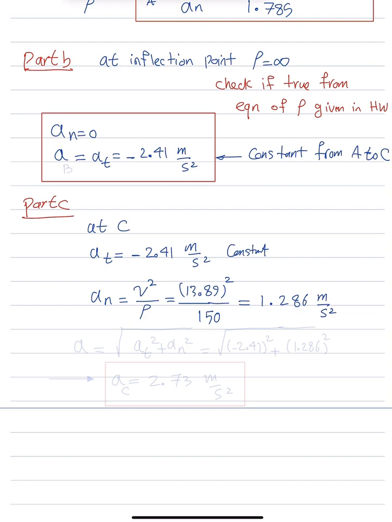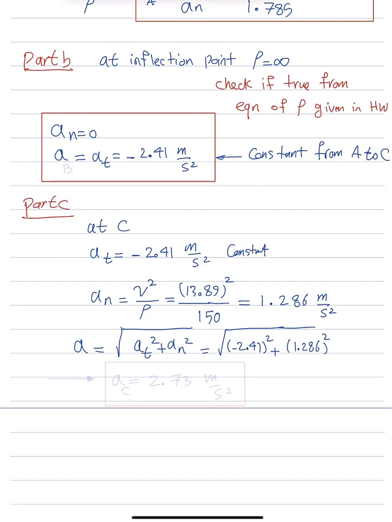Okay, so we're almost done. Now we know AT and AN, we need to know the total magnitude, which is the square root of minus 2.41 squared plus 1.286 squared. And that is 2.73.